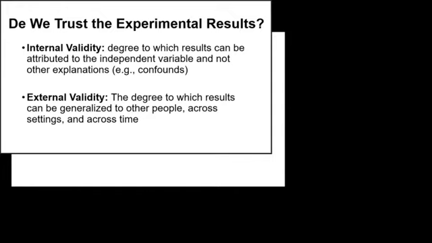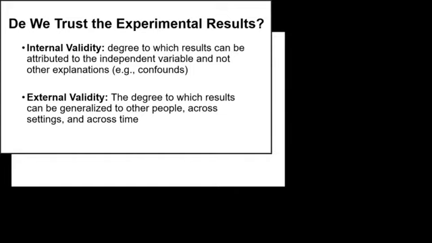And now we want to start looking at what we take home from these studies. A lot of what we're talking about will first relate to experimental results, but some of these terms will also apply to descriptive methods as well. So we're going to start off with, should say, do we trust the experimental results?